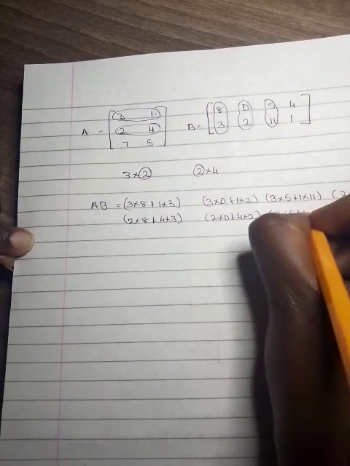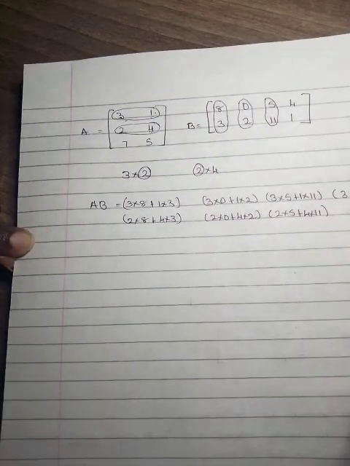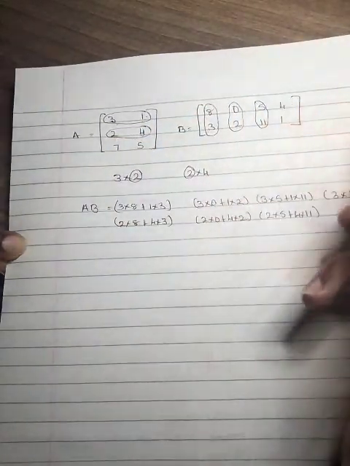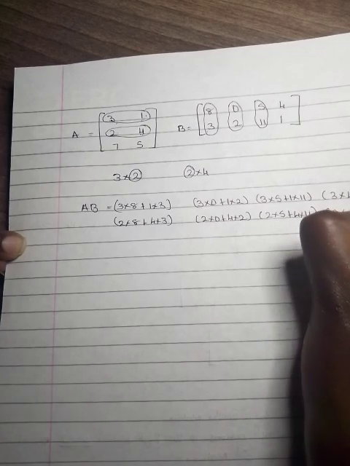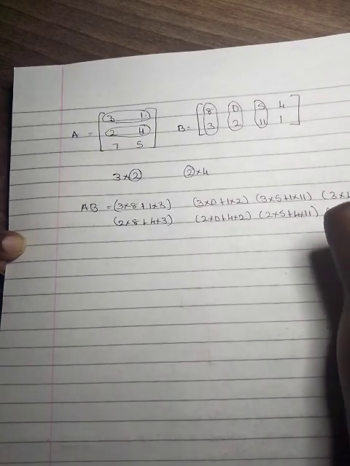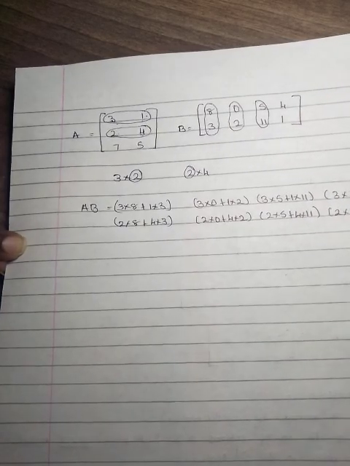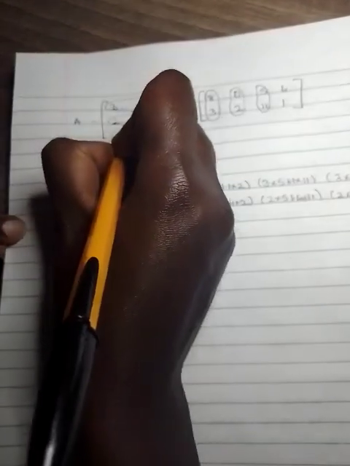And then you say 2 times 5 plus 4 times 11. And then 2 times 4 plus 4 times 1.